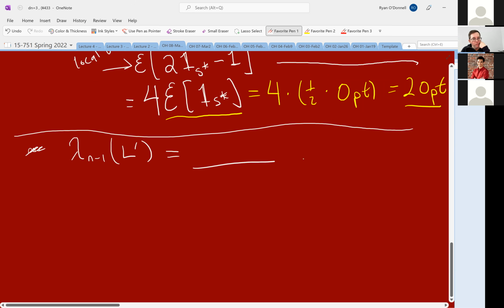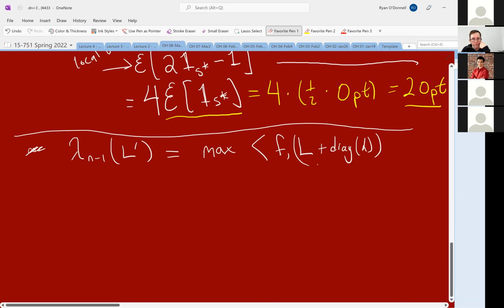Okay, so this is the maximum of the inner product between F and L plus diag H F, that's L prime F, and this maximum is over F, where the norm of F squared is constrained to be 1. Yep, true.